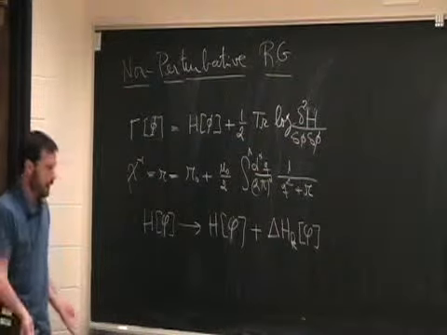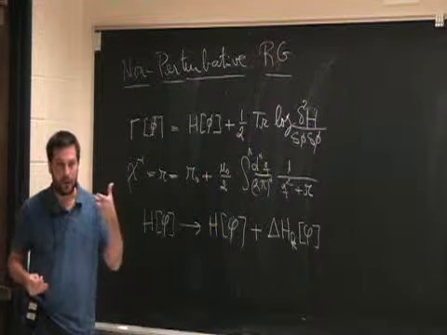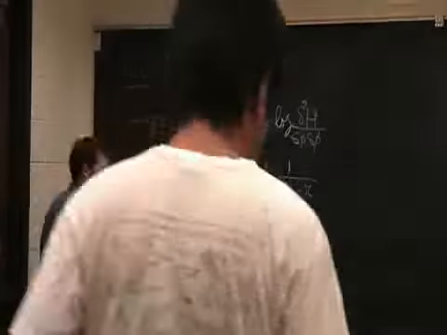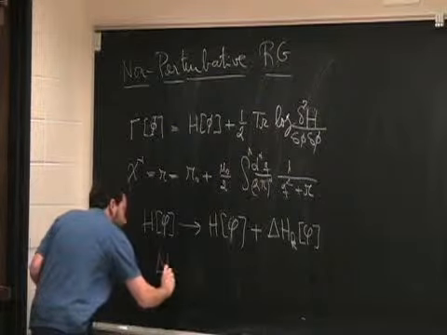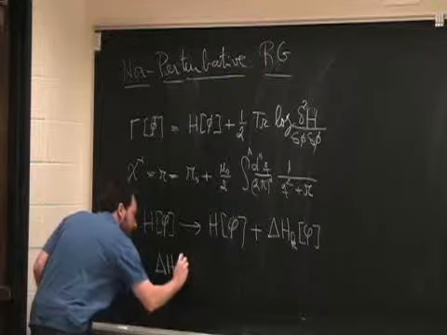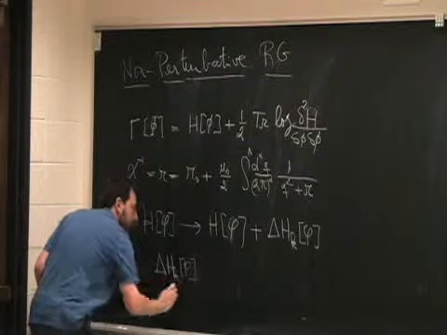In practice, the simplest separation of scale that can be done is to use a quadratic extra term.